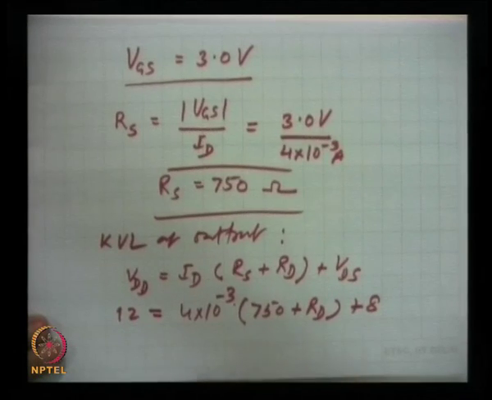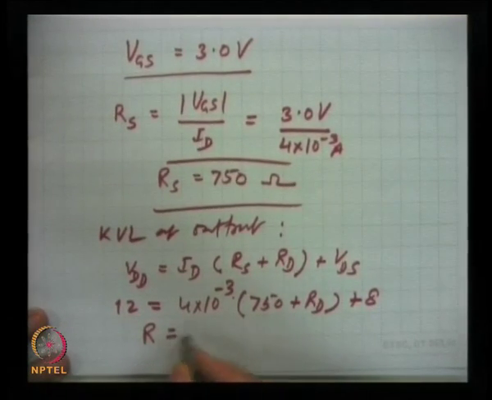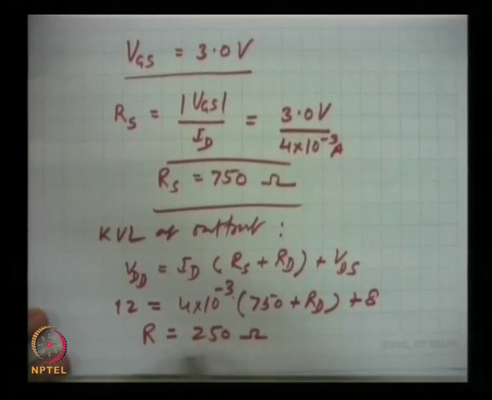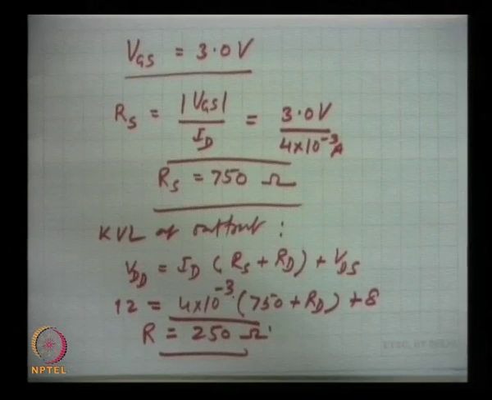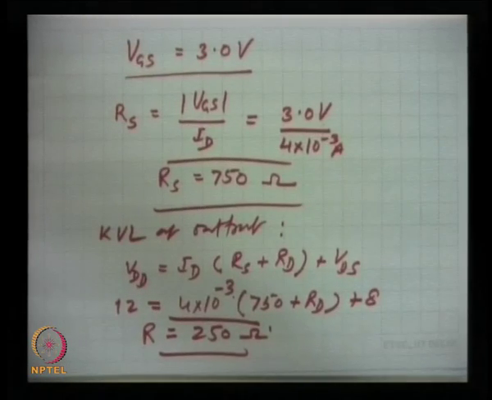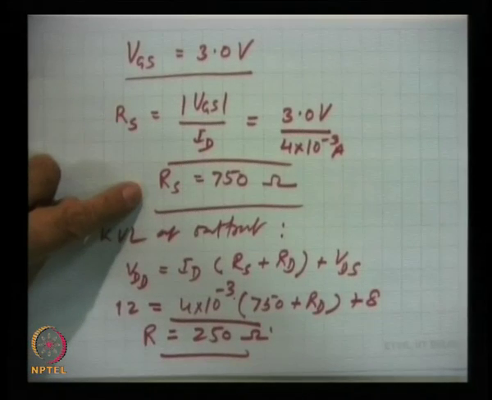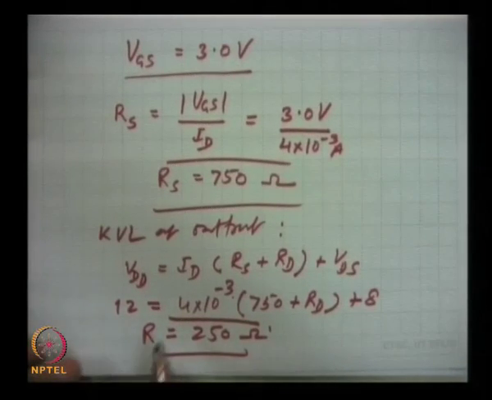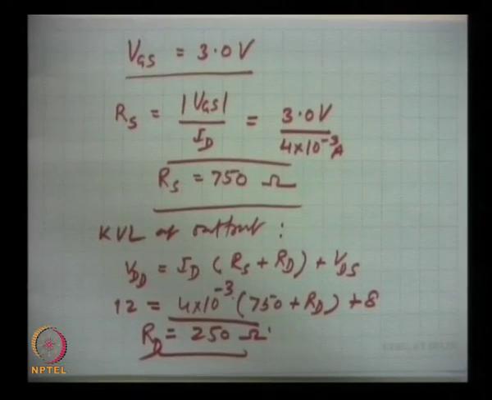We solve for RD and RD comes out to be 250 ohms. This is the way we can find out the values of the two resistors: RS as 750 ohms and RD as 250 ohms.